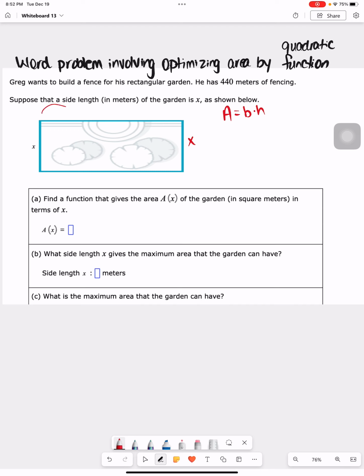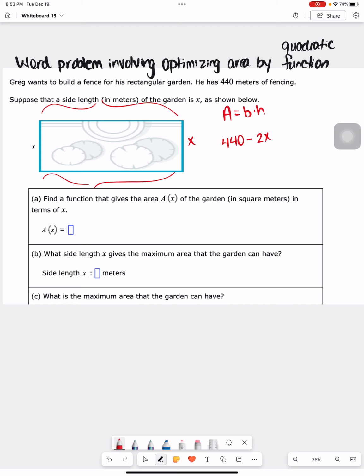Okay? So here's what I know then. All of that which is left measures to be the total amount minus the two pieces on the end. So minus 2x.